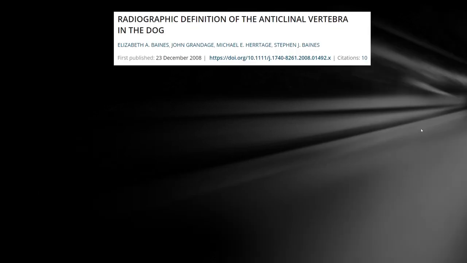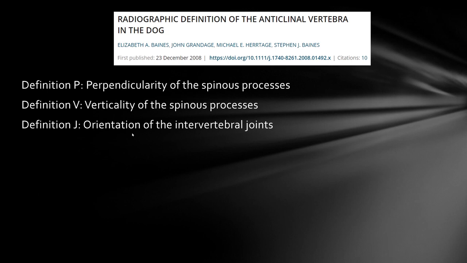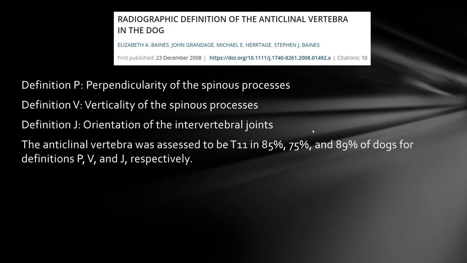Probably also not very important, but there is interestingly a paper that came out almost 20 years ago, but later than one would think, where they evaluated what radiographic definition we give the anticlinal vertebra. The only reason I'm mentioning this is we all have our perception of what we think of as the anticlinal vertebra. Is it when the spinous process is perpendicular, or vertical, oriented relative to the intervertebral joints?